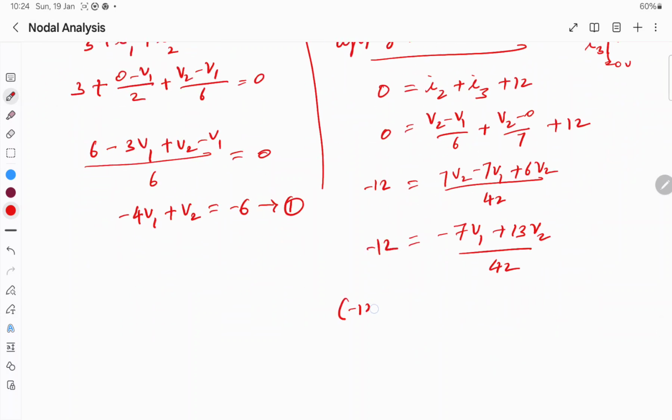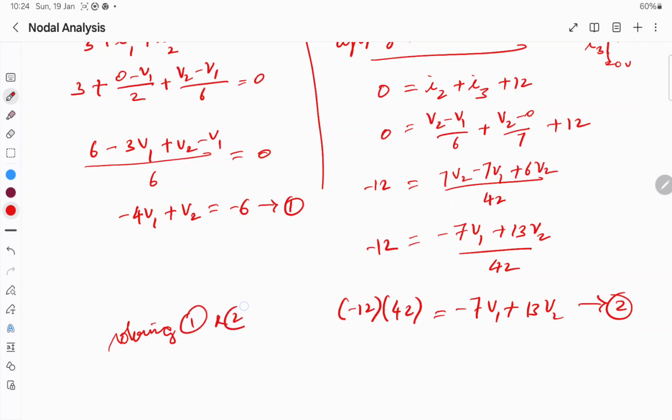So it is minus 12 times 42 is equal to minus 7V1 plus 13V2. This is the equation 2. Just solve equation 1 and 2, you will be getting V1 as minus 6 volt, V2 as minus 42.